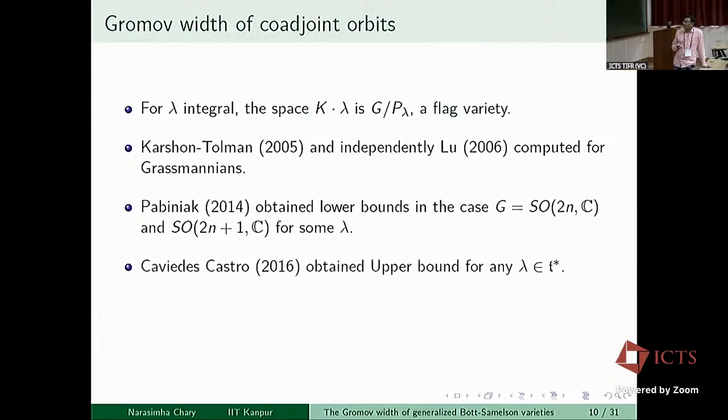Castro has given an upper bound for the Gromov width for any lambda. He is not assuming any integral or rational condition, so this upper bound is given for any lambda for the coadjoint orbits.